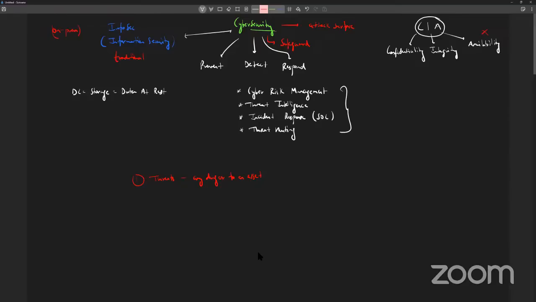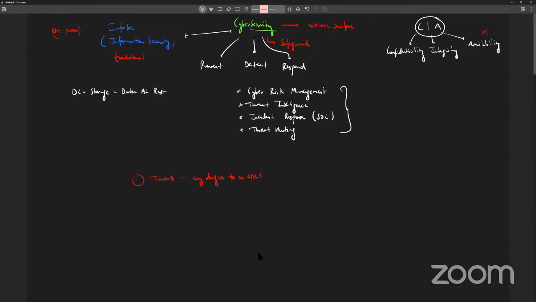Let's say, for example, a real world example, you went out for shopping. You park your car, but you forgot to lock it up. So your car is at risk.